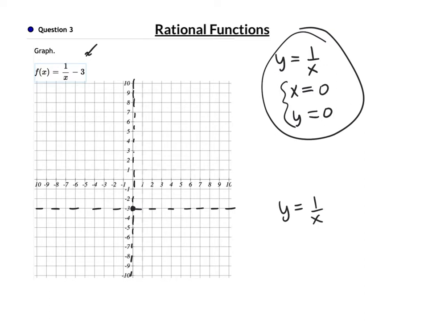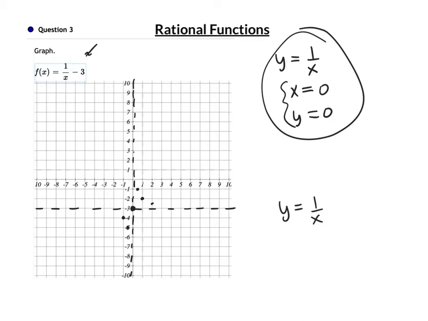Remember how when you plug in 1, y is 1? And when you plug in -1, y is -1. And when you plug in 2, y is 1/2. And when you plug in 1/2, y is 2. When you plug in -1/2, you get -2.